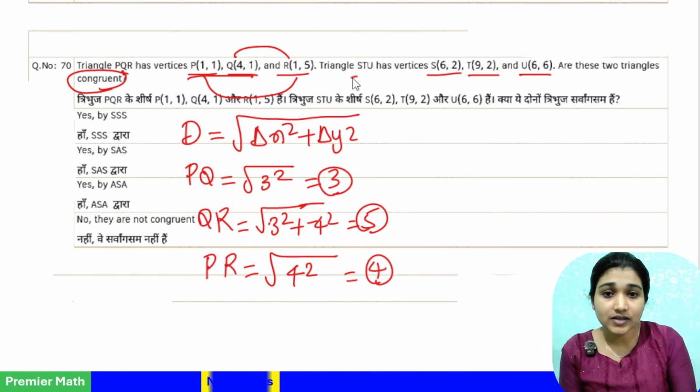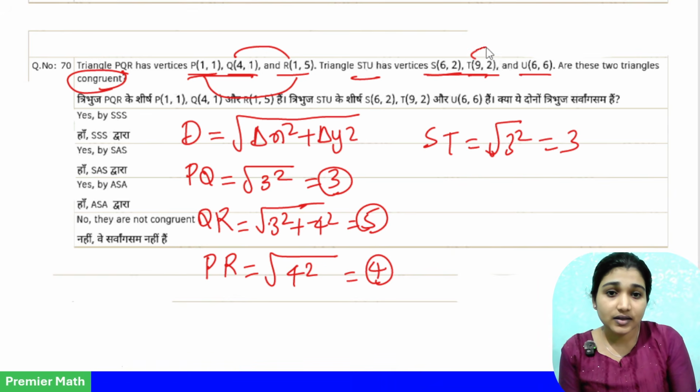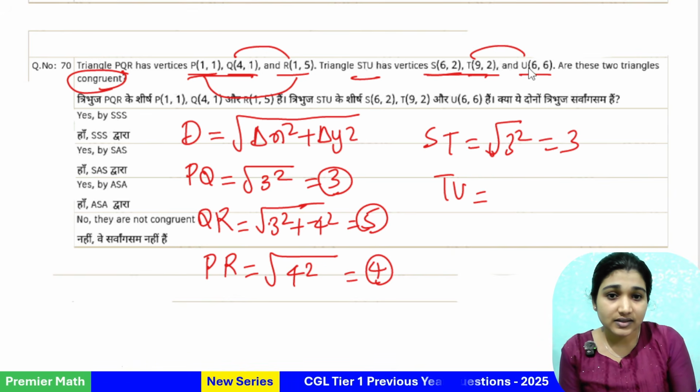Now in STU, ST: the y coordinates are equal, and 9 minus 6 is 3, so root 3 square means 3 itself. And for TU, 9 minus 6 is 3 and 2 minus 6 is minus 4, which means root of 3 square plus minus 4 square, which is equal to 5 itself.